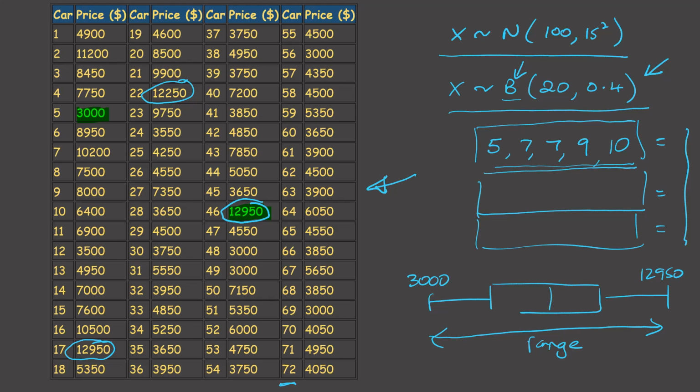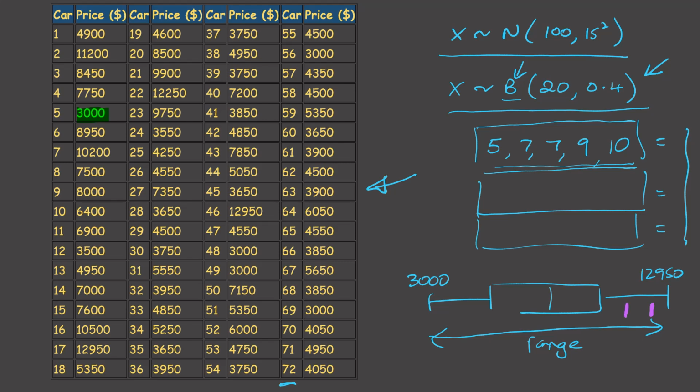But if we took the 3 of those and took their mean, it would be less than 12,950. So immediately, even though I've taken a very biased sample of the 3 highest values I could see, the range would be reduced. And a random sample from these, which is unlikely to contain those 3 cars, is going to be smaller still.